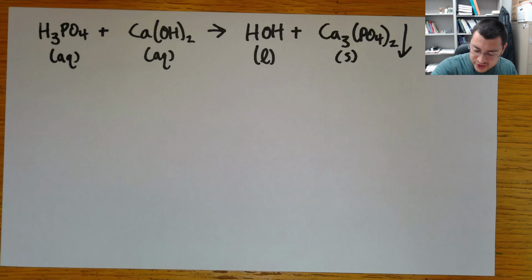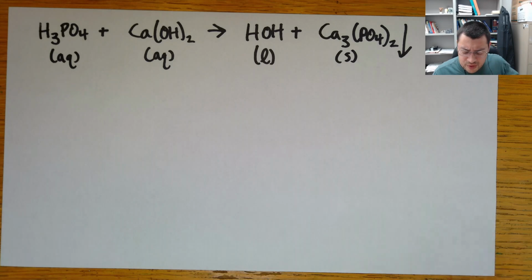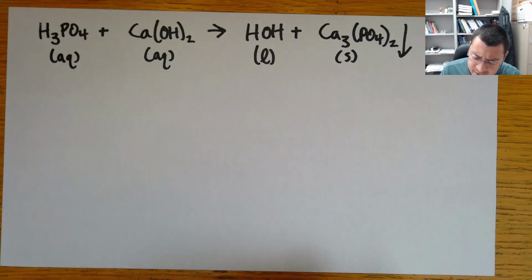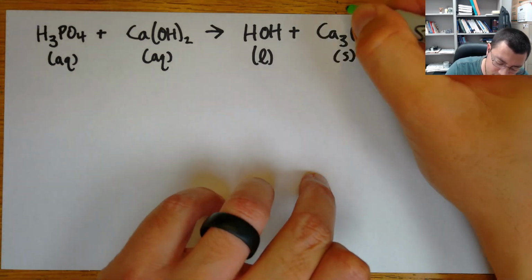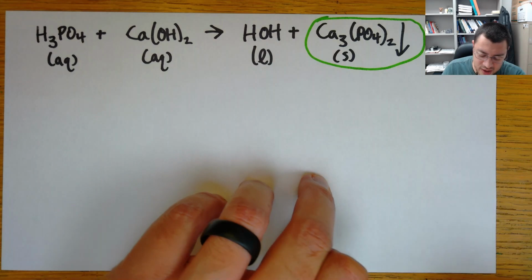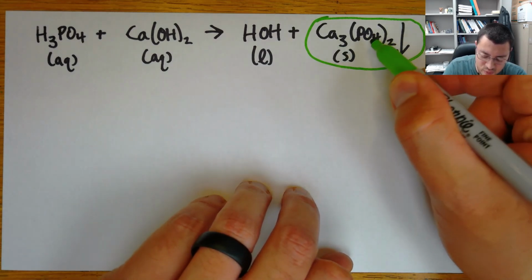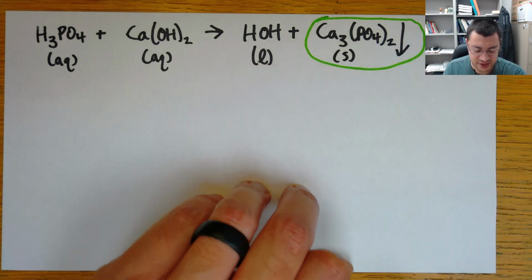What I usually recommend, especially on equations that look more complicated, as I look for my blue marker, there you are. What I generally recommend in equations like this is to look for the most complicated thing. And I think this easily wins that award. Not just because it has a polyatomic, but more so because we have a 3-to-2 ratio.